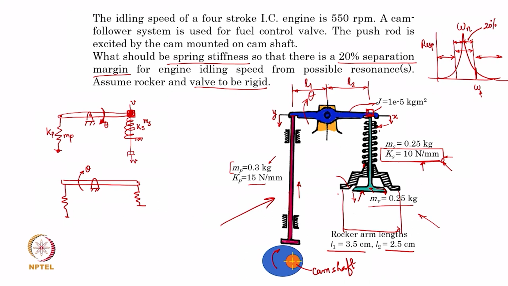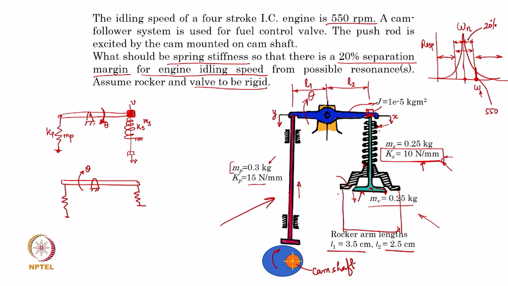Now, how does it relate to engine idling speed? Because if we are idling at a particular speed, let us say 550 rpm, which is given here, I am operating at this particular position, which is 550 rpm, and the natural frequency may be somewhere here.